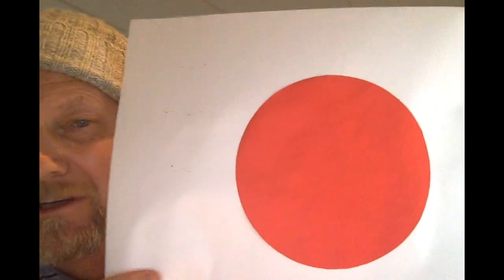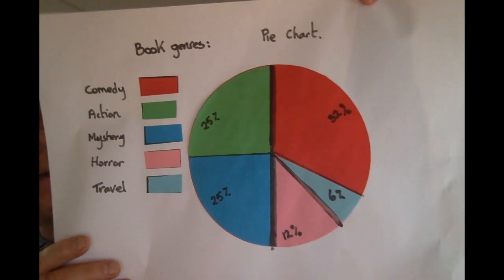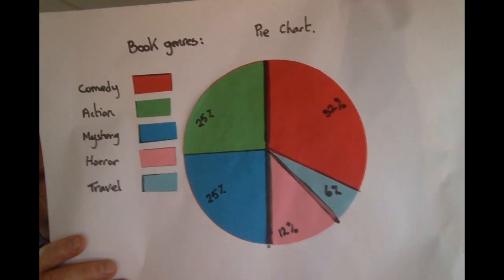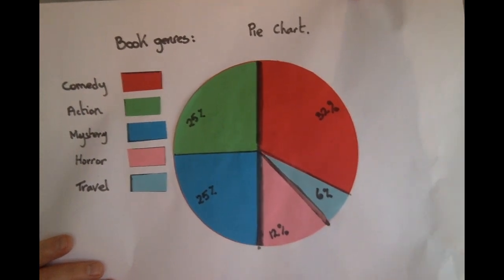So here's an example of a pie chart that I did. I started off with a circle, and I actually used a circular piece of paper, which is a bit of a cheating thing, but you can buy circular paper if you like. And then I did my pie chart, and here is my pie chart. You can see I did book genres, and each color represents a different book genre.